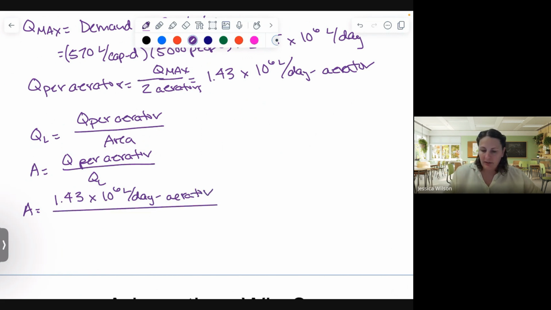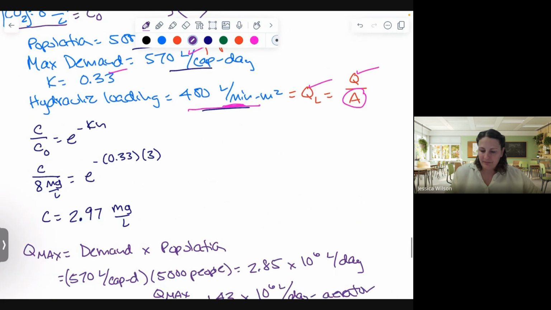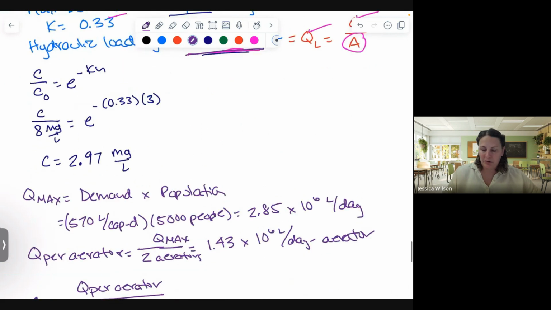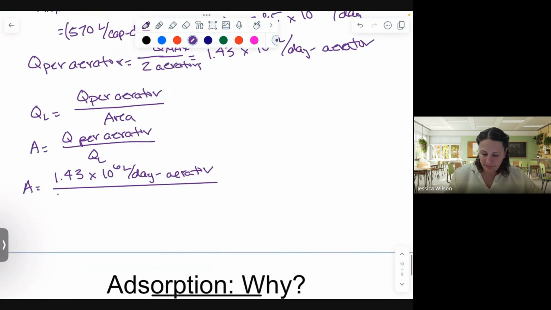And then our hydraulic loading, 400 liters per minute per square meter. And of course, because we always have issues with units, we've got days and we've got minutes, so let's take care of that.